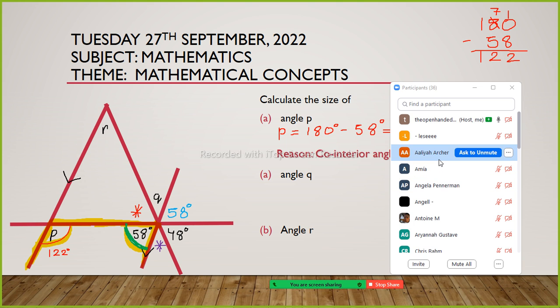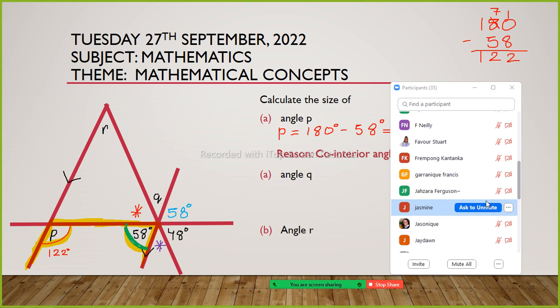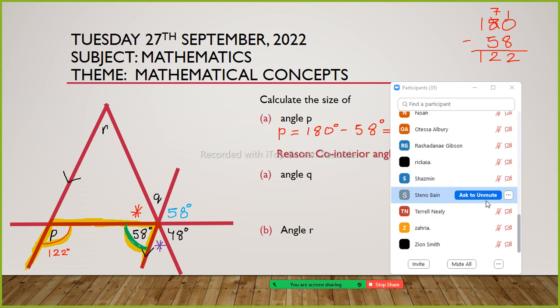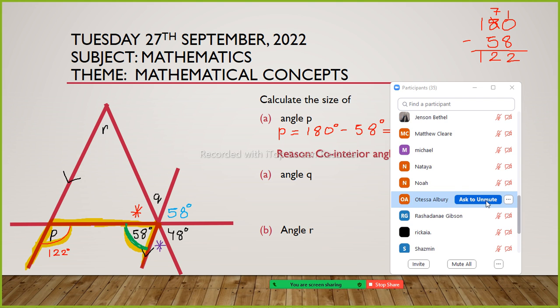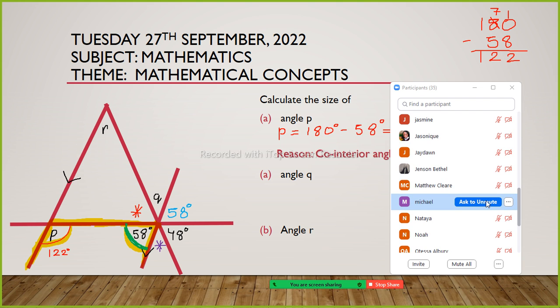How about you, Aaliyah Archer? Is it vertically opposite to the one in the red or the one in the purple? The red. Okay, that's good. And Rikia Rule, are you there? 48 is vertically opposite to which angle?